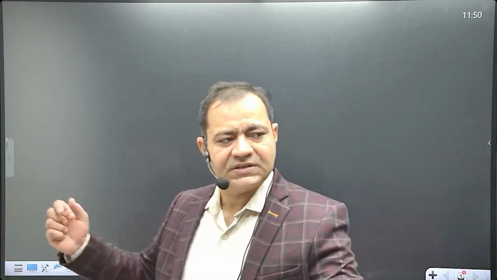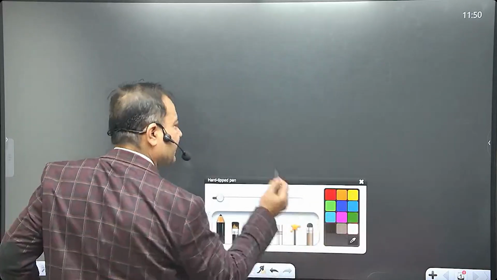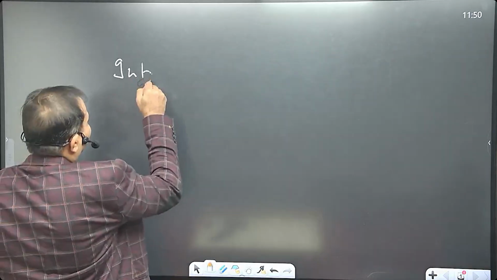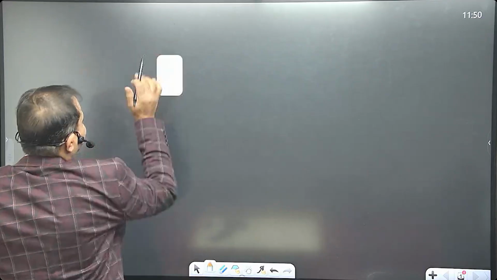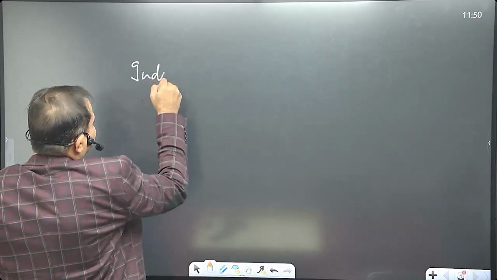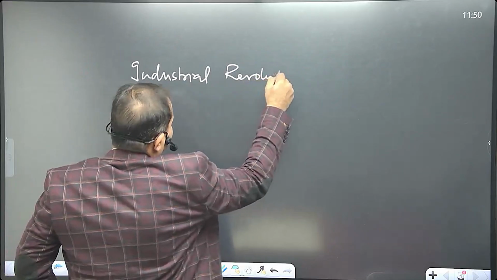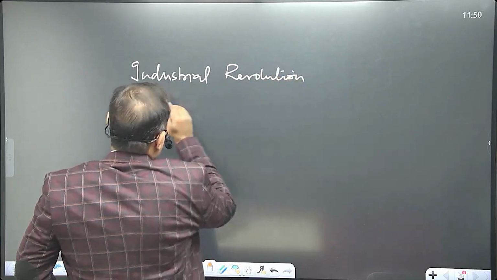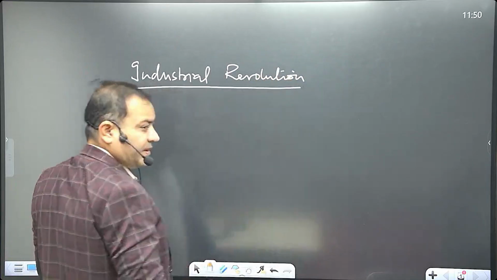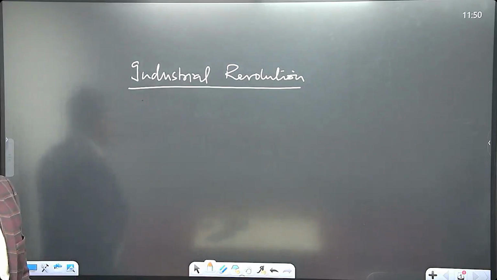Now, with this understanding, today our plan is something like this: we have to take note first of the concept called industrialization, or the concept of the industrial revolution. What do we mean by this term, industrial revolution?